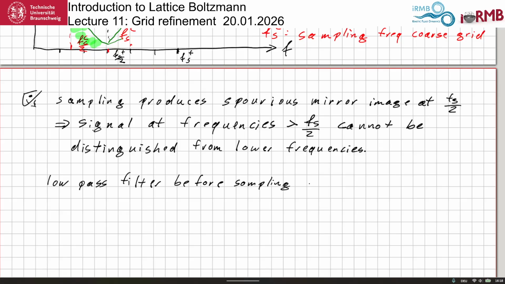A low pass filter before the sampling is required, which has not been done, and which is potentially harmless in laminar flow, because laminar flows are naturally band limited.